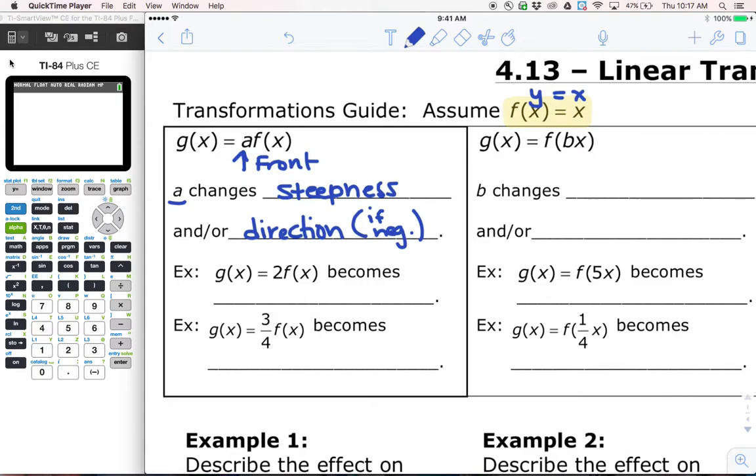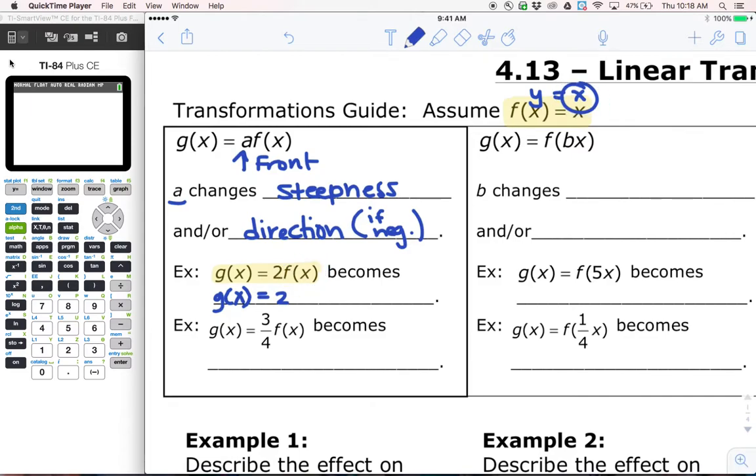All right. Now that seems really confusing, so I thought it would be great to have a quick example of what that would look like. So g of x is equal to 2f of x. For instance, if the number a is a 2, then that's multiplying f of x by 2. So g of x would be equal to 2x, remember how we said f of x was equal to x, right?